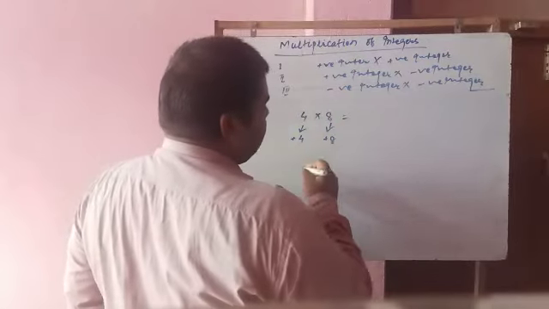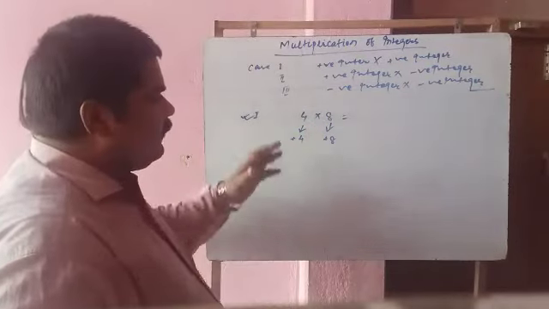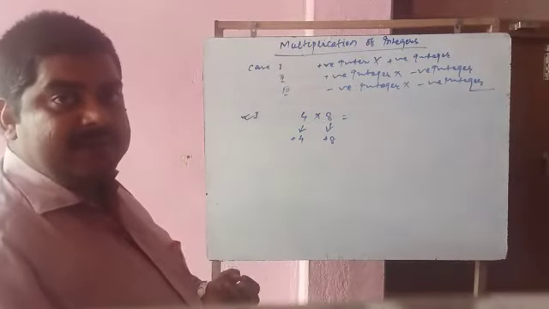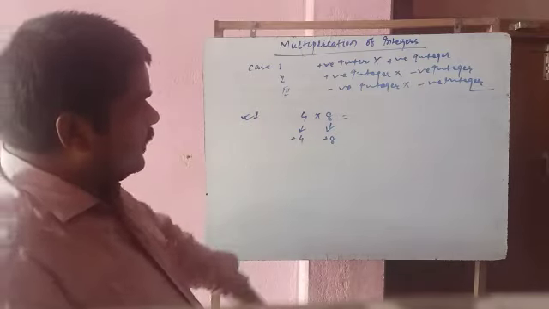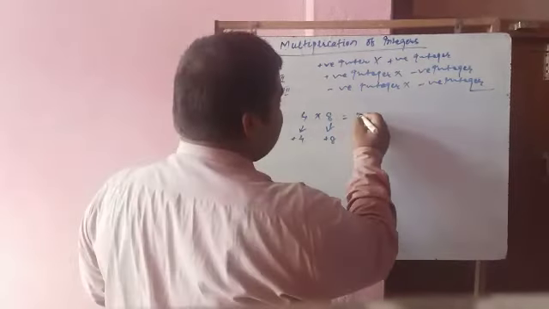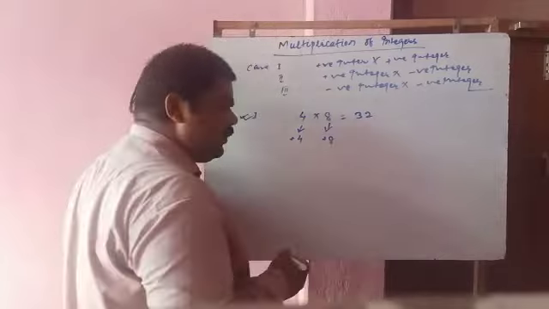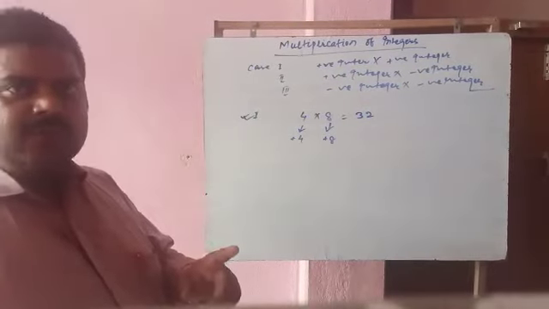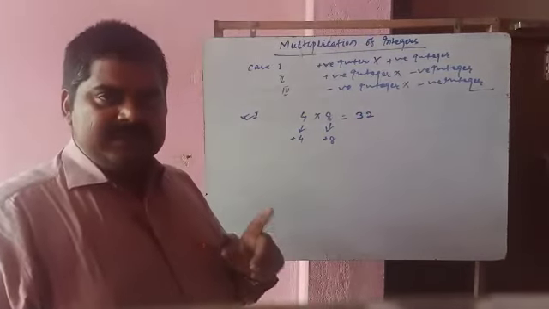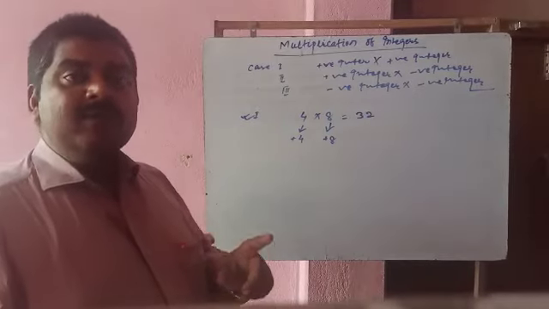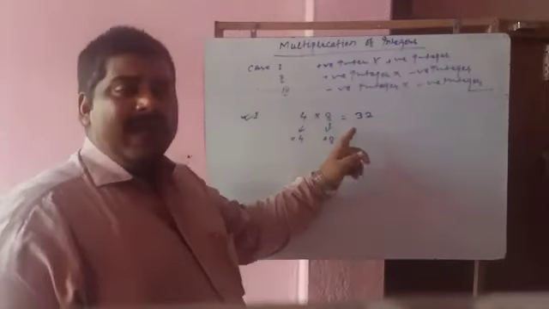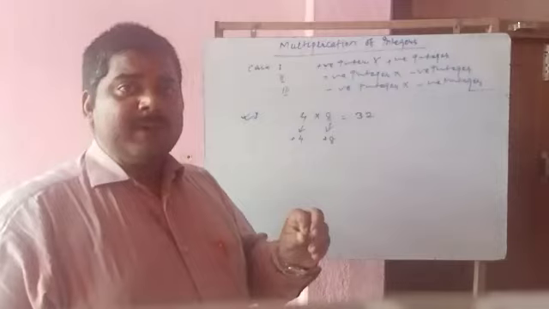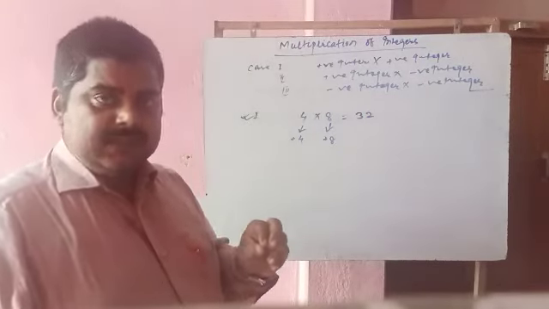When you multiply, the absolute value of 4 is 4 and of 8 is 8, and the result is 32. So the first rule is that when both are positive integers, their product is the product of the absolute values of both integers.